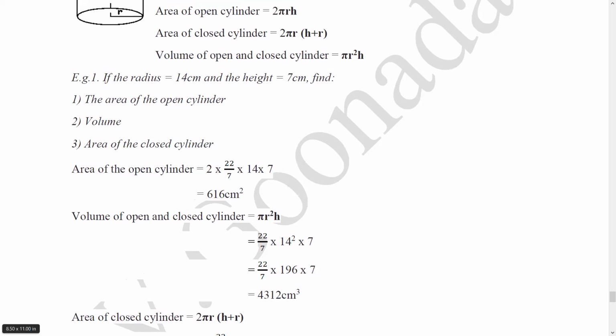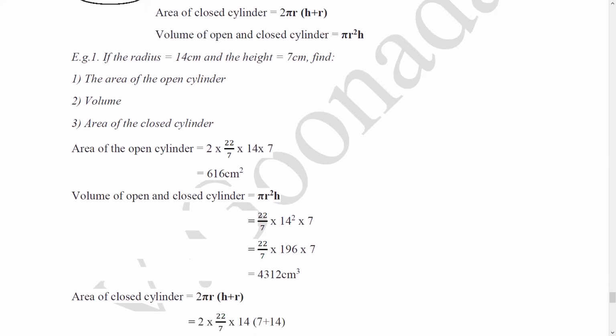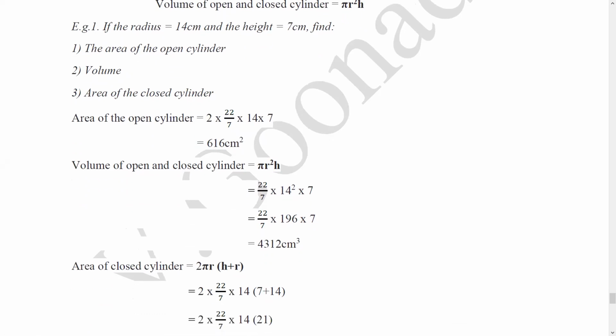Sorry. All right, so the area of the closed cylinder, we state our formula. The person that just messaged me on WhatsApp, your answer is correct. 2 pi r multiplied by the sum of the height plus the radius, right? So 2 by pi, well, pi is 22 over 7, by r, which is 14. All of these are given in this question here. And of course, the height is 7 plus 14. 7 and 14 is 21, right?